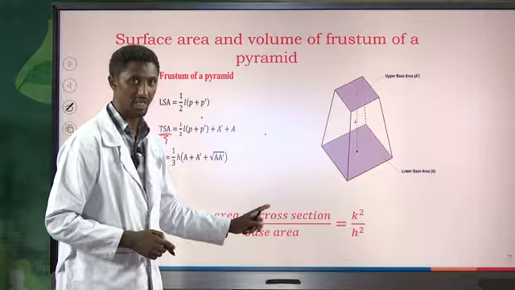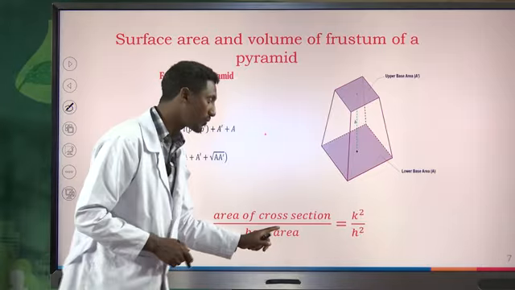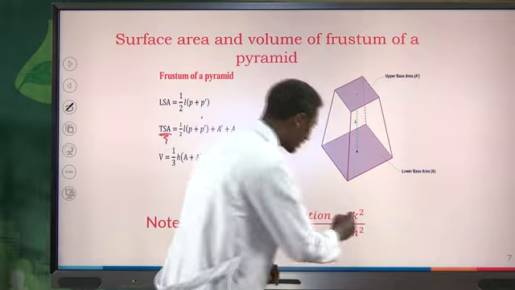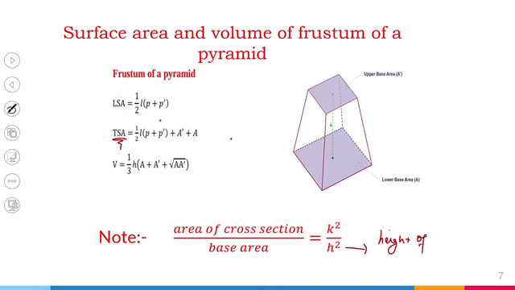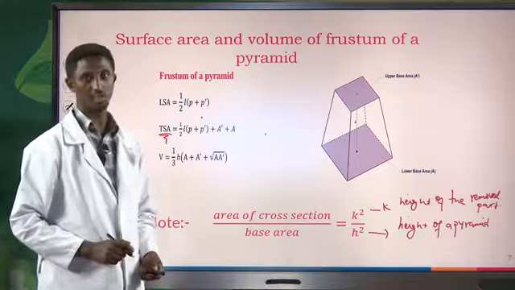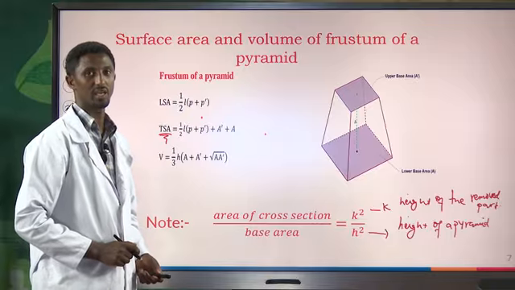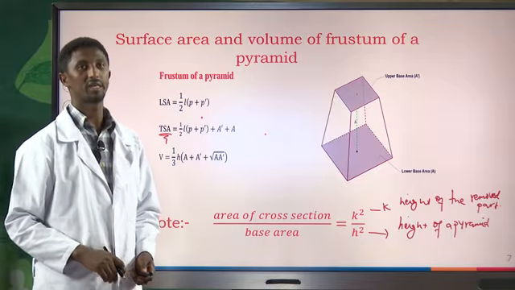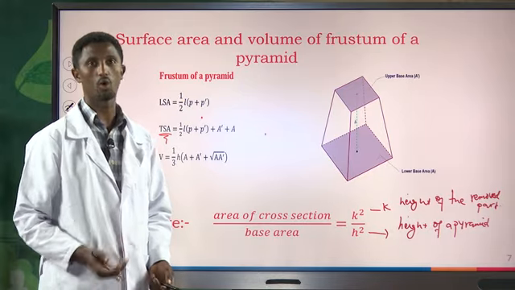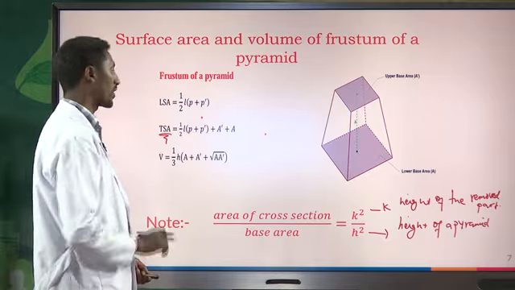The cross-sectional area over the base area of a frustum of a pyramid equals k square over h square, where h is the height of the pyramid before it's cut off, and k is the height of the removed part of the pyramid, the part which is cut off.